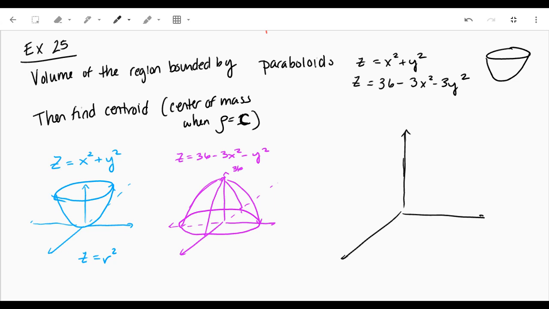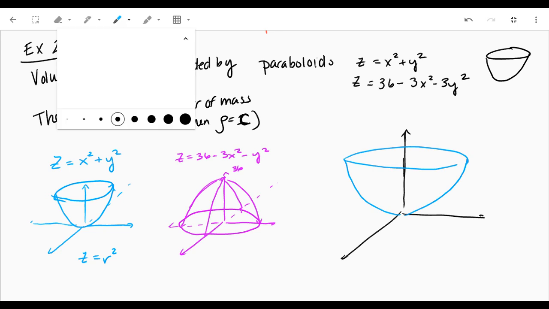Now when we put them together, we have this blue paraboloid that opens up. We have this purple paraboloid that opens down. I have to switch that purple one to polar for you too.